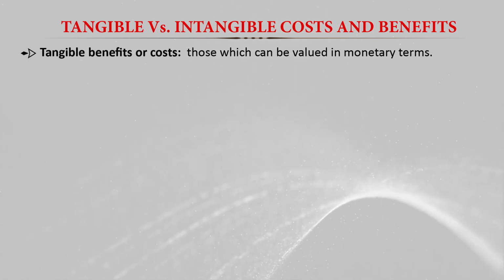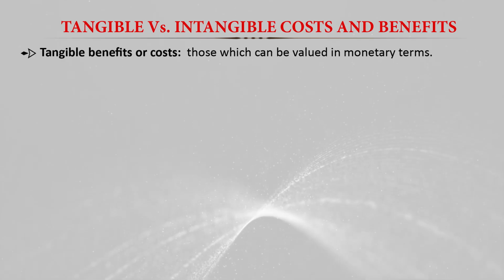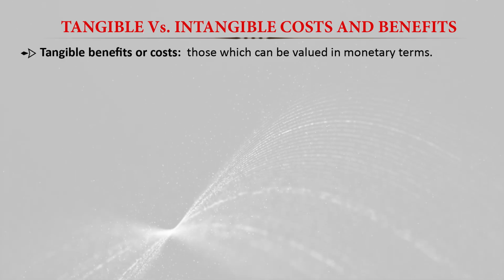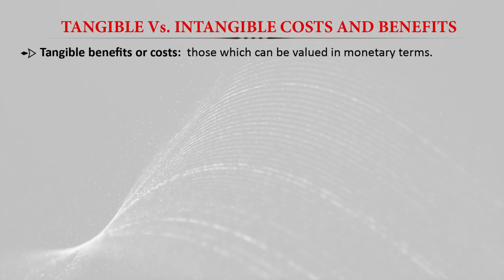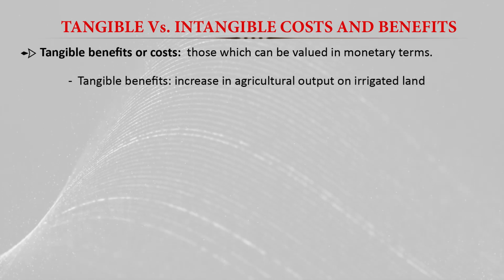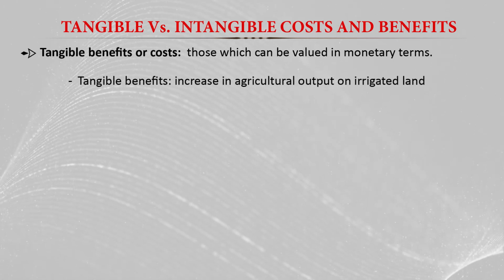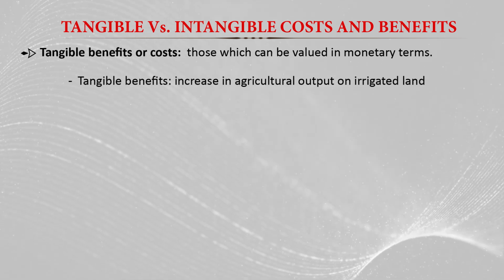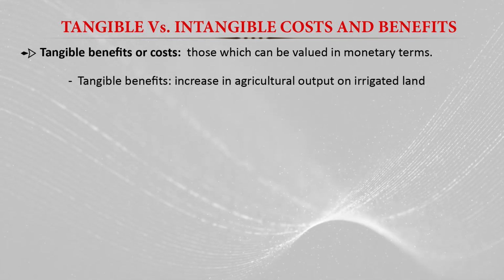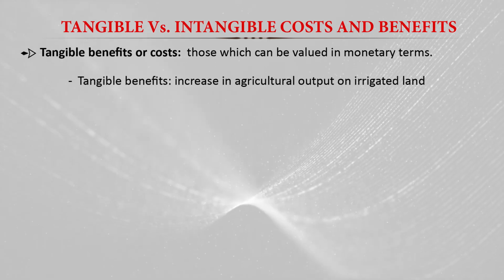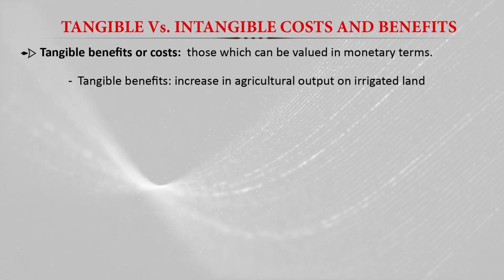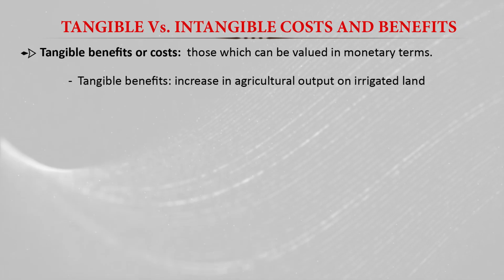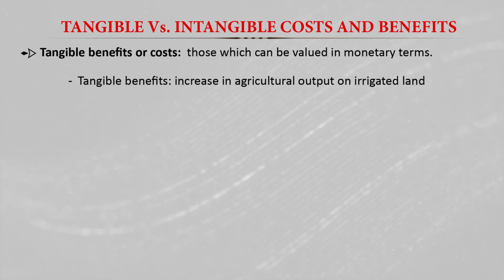Tangible benefits and costs are basically those which can be valued in monetary terms. We have different types of tangible benefit, such as an increase in agricultural output on irrigated land. If we have a project to develop an irrigated area, there will be an increase in agricultural production, and we can easily measure that. So that is basically a tangible benefit.